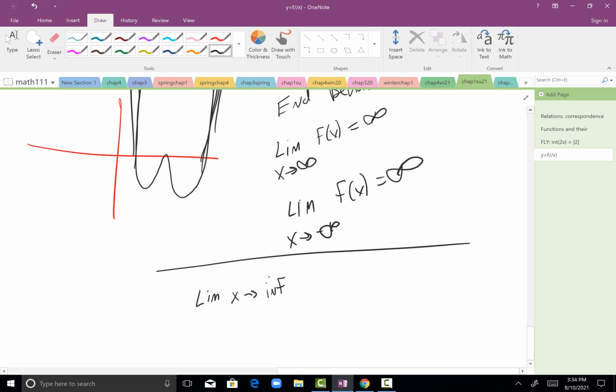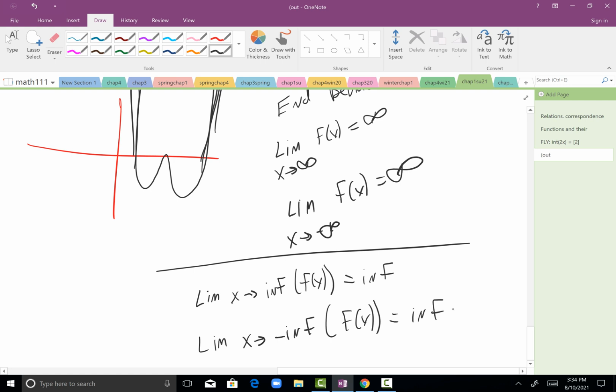So as x approaches infinity, parentheses, f of x, parentheses, is equal to INF. That tells me that's infinity. The limit as x approaches negative infinity, so I put a little minus in front of it, of f of x is equal to INF. So that's how you can write it.